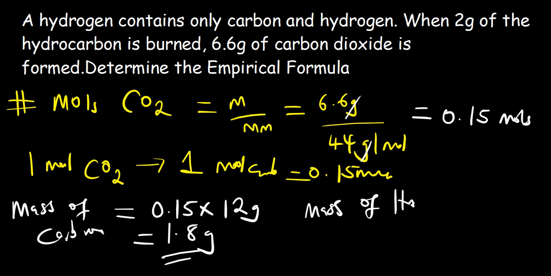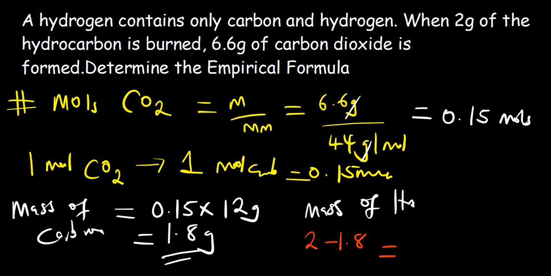Since it is 2 grams, the mass of hydrogen here is just going to be 2 minus 1.8 grams. That is how we find the mass of hydrogen.